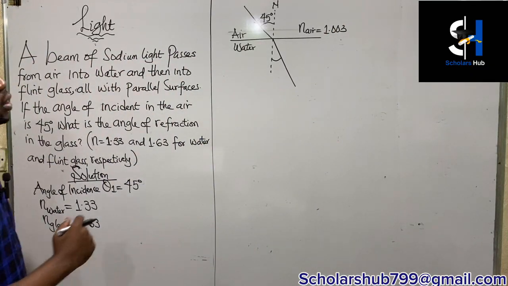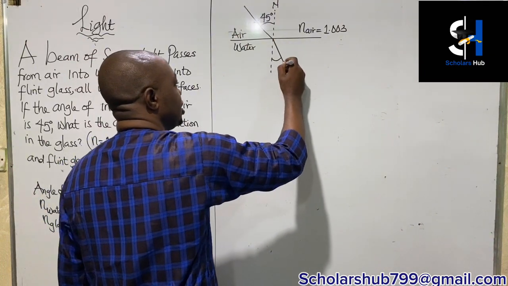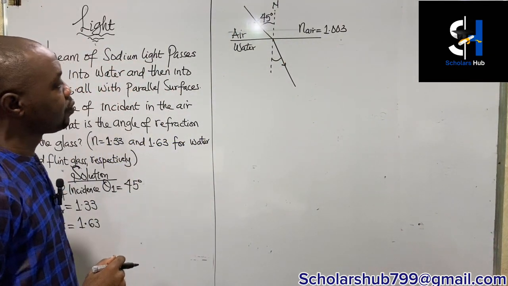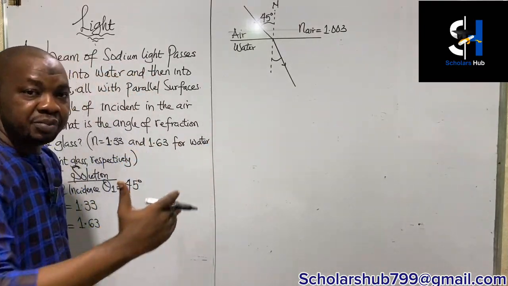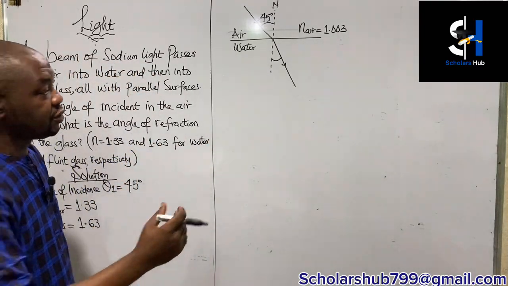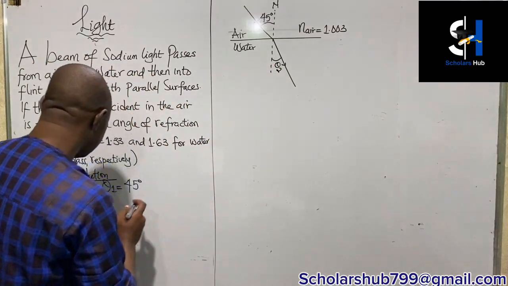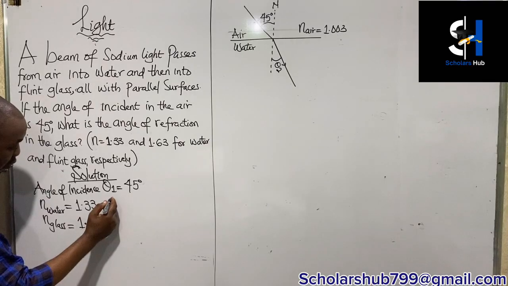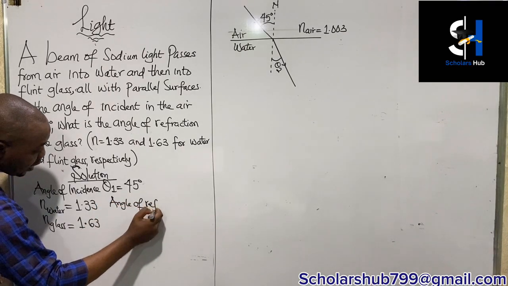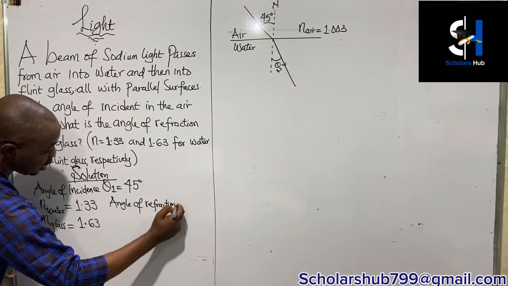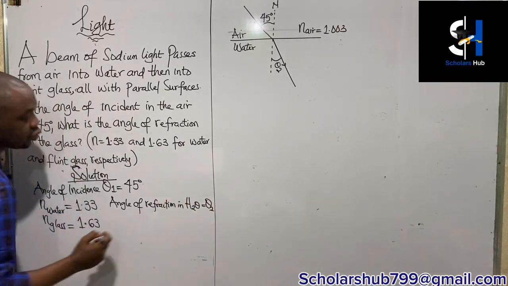Now when the light passes from air into water, it refracts towards the normal. So the angle which the transmitted ray or the refracted ray makes with the normal ray will be theta 2, the angle of refraction in water.